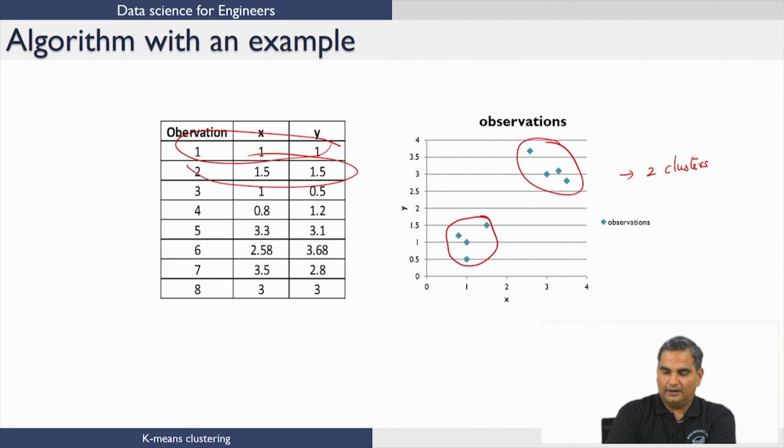What we know is ultimately there are going to be 2 clusters. So, what we are going to do is start off 2 cluster centers in some random location. That is the first thing that we are going to do. You could start off 2 clusters somewhere here and here, or you could actually pick some points in the data itself to start these 2 clusters.